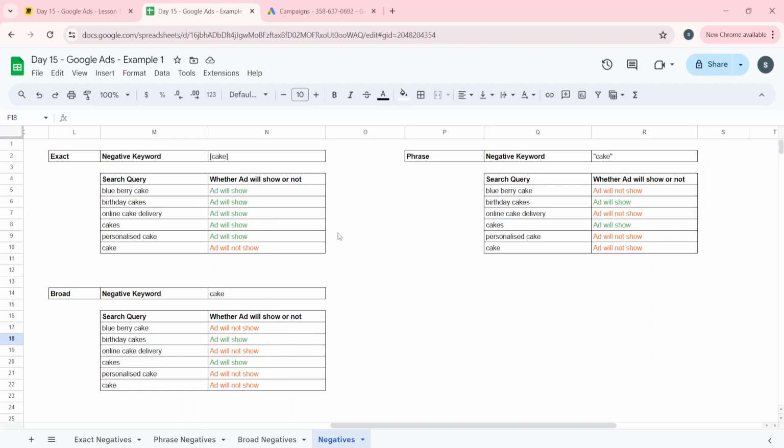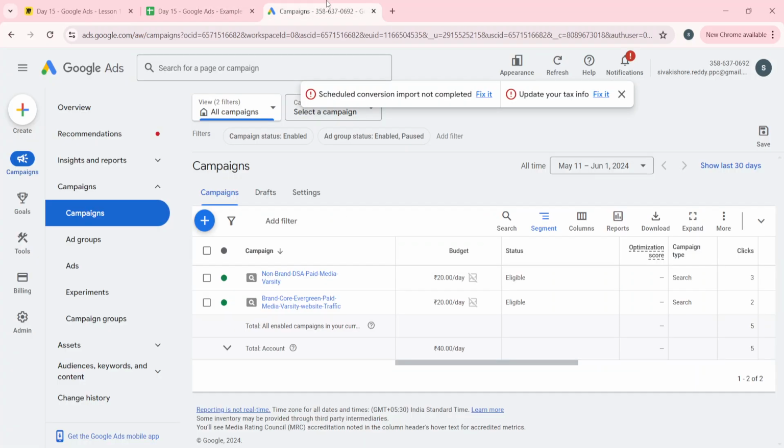We go to campaigns. You can add these negative keywords at three different levels: one is at account level, another is at the campaign level, and another is at the ad group level. If you add negative keywords at the account level, all these campaigns automatically come under it.